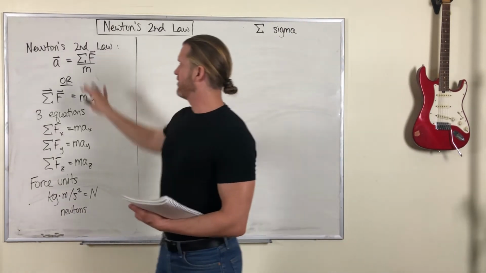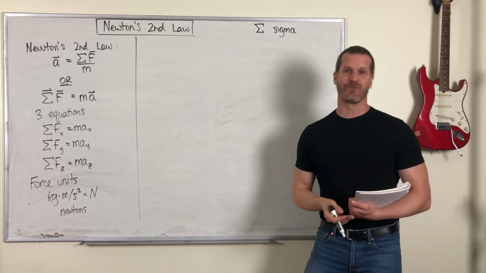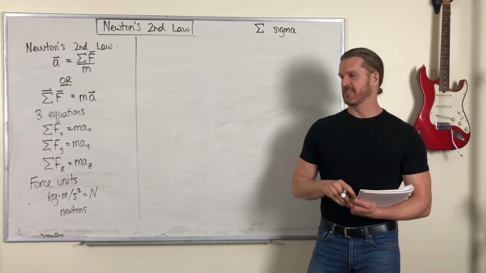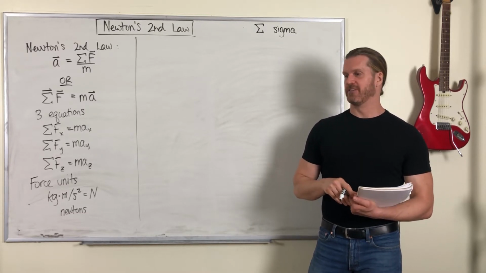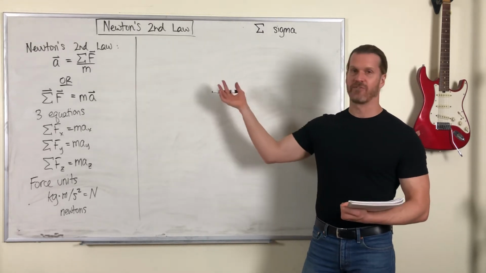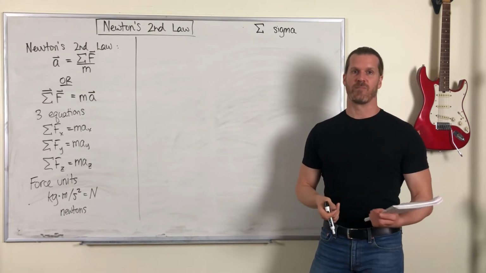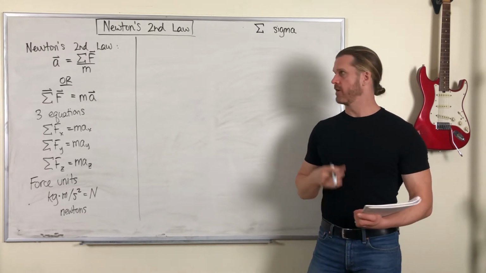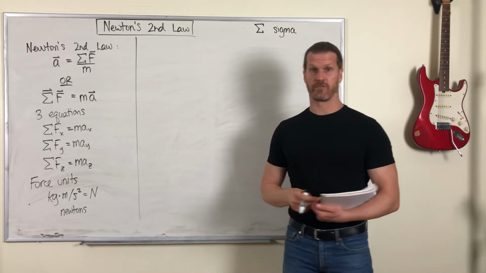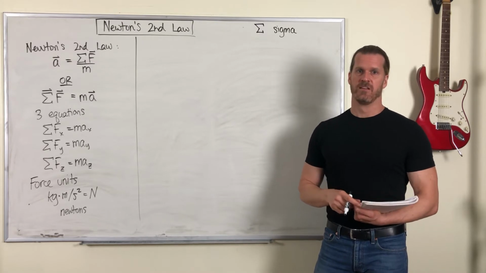Now, Newton's second law is going to be one of the most useful equations we use all semester. A lot of what we do in mechanics is combine Newton's second law with kinematics, and then we're able to describe motion. There are a few other equations that will be equally useful, like the law of conservation of energy, the law of conservation of momentum.